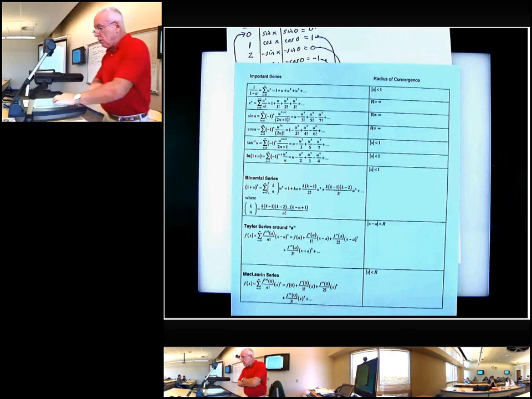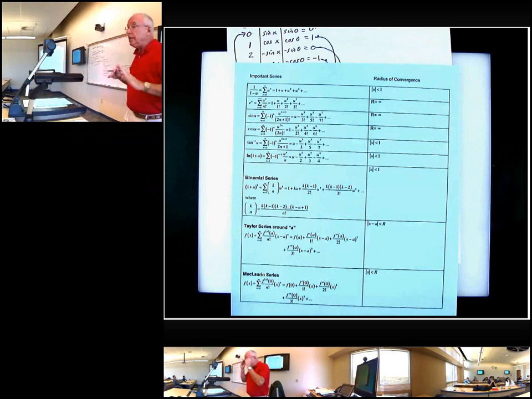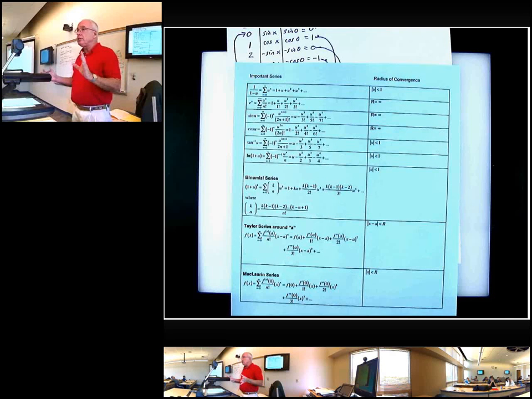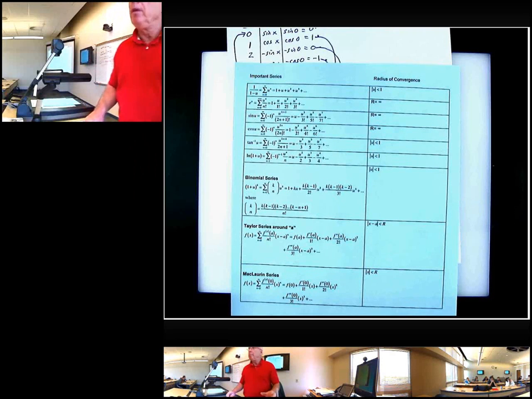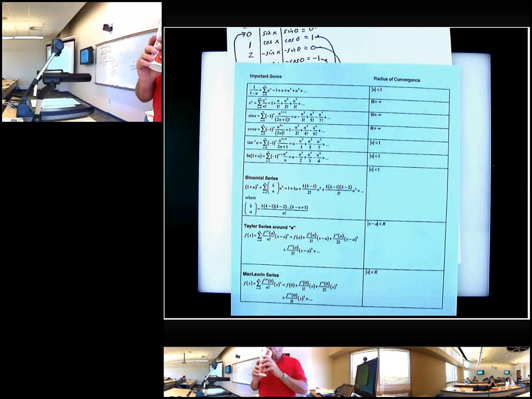So that's the Maclaurin series for the sine of x, and it's going to converge for all x, just like the other one did. I'm not going to do that proof. These ones are all the Maclaurin and not the Taylor.